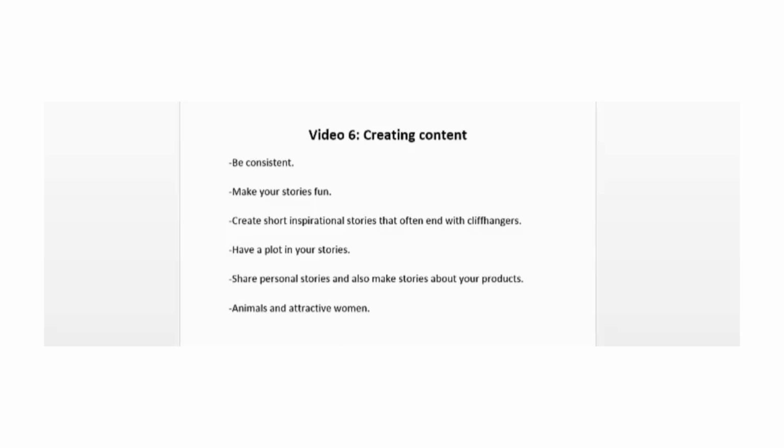Try to also have a plot in your stories. You want your audience to also be curious so that they're not jumping from story to story. And another tip is to create inspirational stories that end with cliffhangers, so people will want to watch more of your stories.